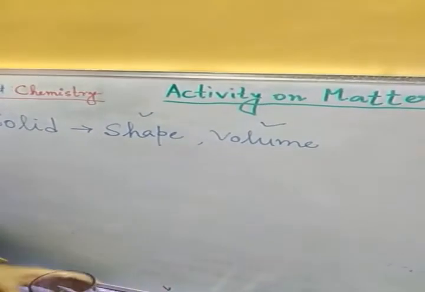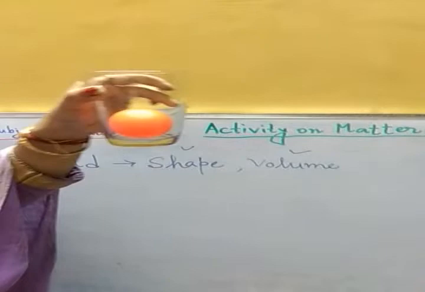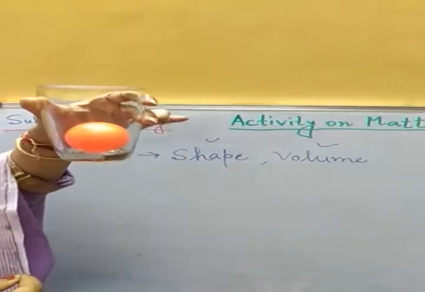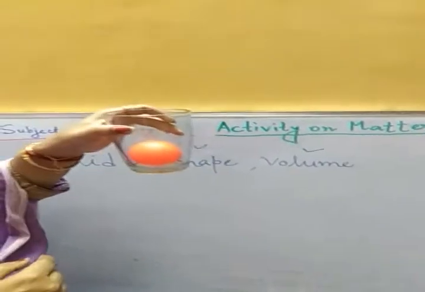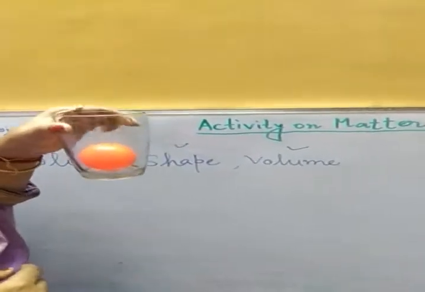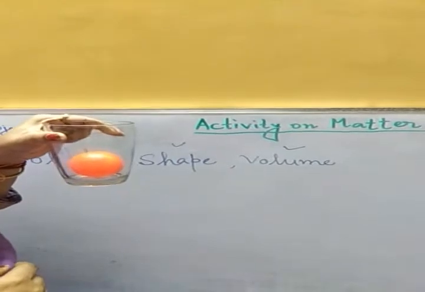So here is a glass, you can see that. Here I am putting this ball which is a solid. Now you can see that it's having its own fixed shape which cannot be changed.